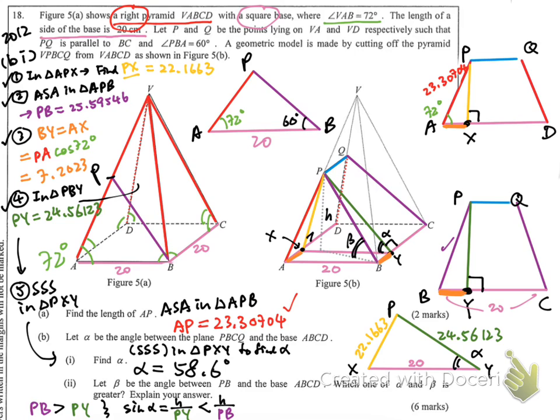So H divided by PY will be smaller than H divided by PB, and that is sine beta. We know that for the sine function, for an acute angle, the larger the angle, the larger the sine ratio. Therefore, alpha will be smaller than beta.